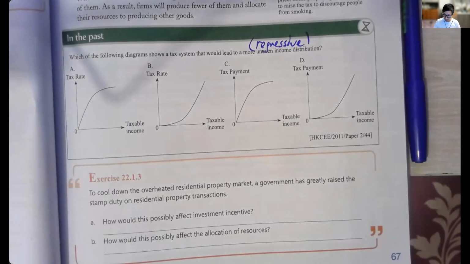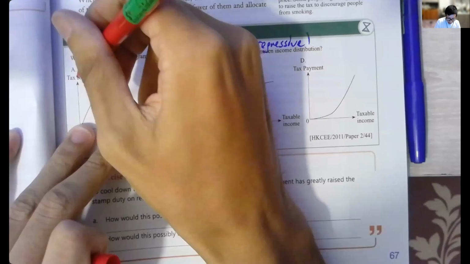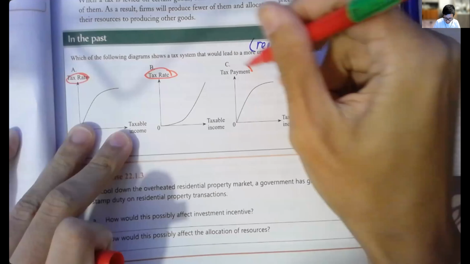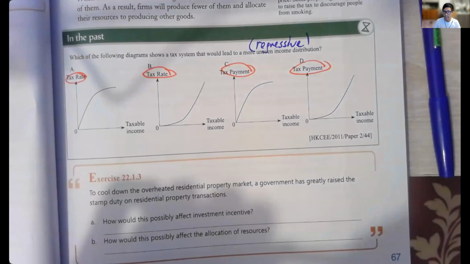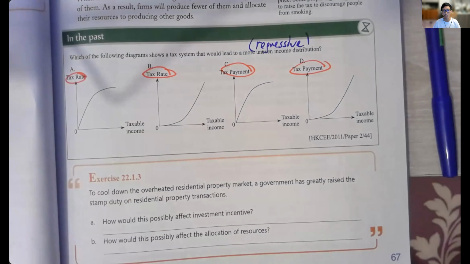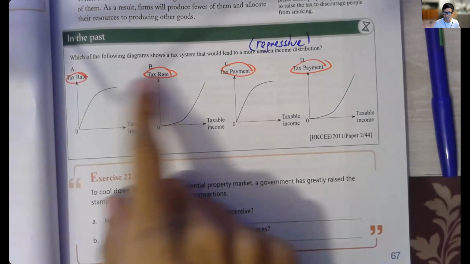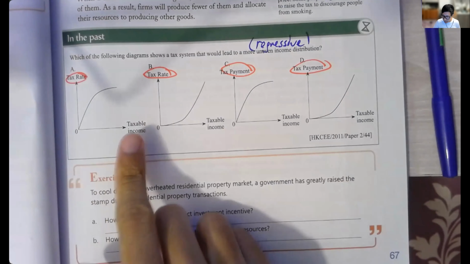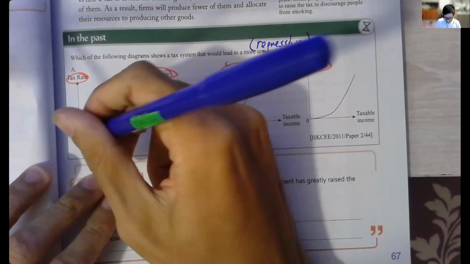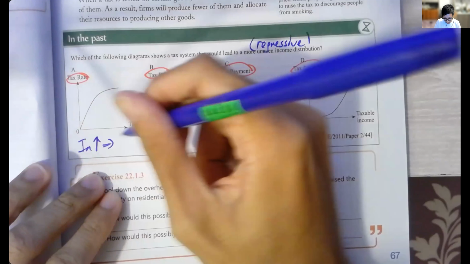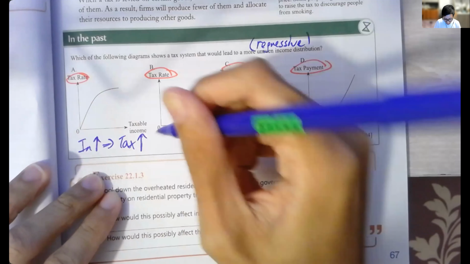嗱，唔該你小心啲啊。You must pay very hard attention to the y-axis. OK, 你要睇清楚個 y-axis 究竟係乜嘢啊？OK, now this one we are talking about tax rate. Do you see as income increases, the tax rate is increasing.